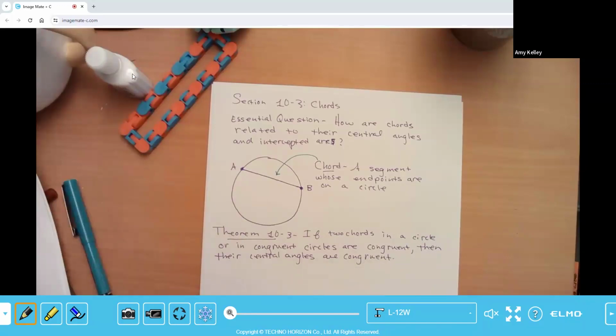So if two chords in a circle or in congruent circles are congruent, then their central angles are congruent.